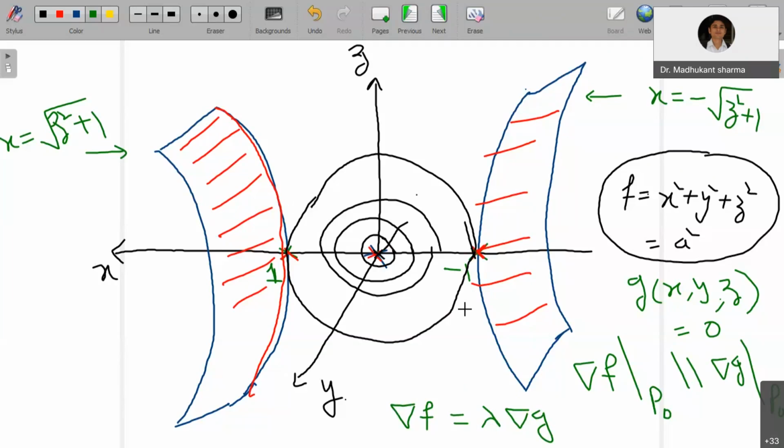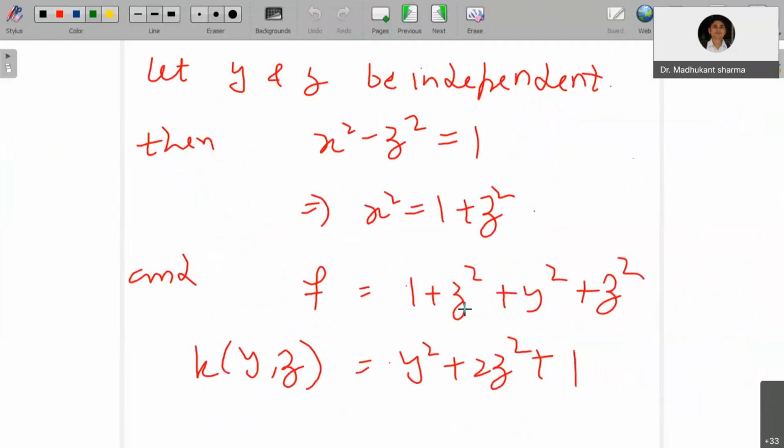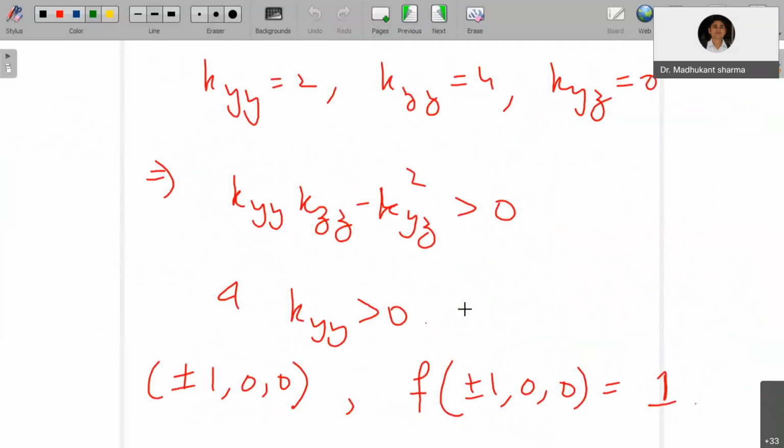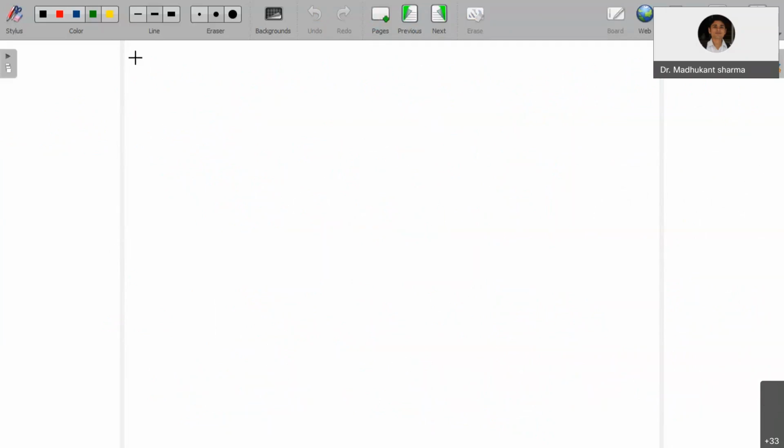Now, you don't need to worry about which variables you will take as independent and which as dependent. So this is the alternative method.